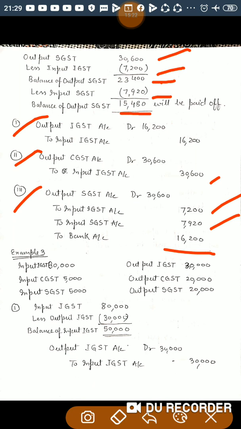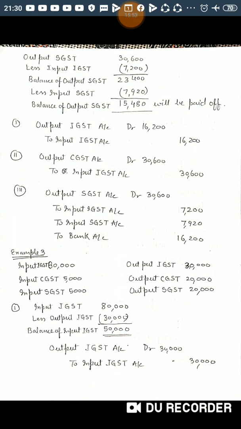This is wrong, I think: 10 minus 2 is 8, 13 minus 9 is 4, 12 minus 7. So this is not 16,200, it should be 15,480, as I have calculated. So this amount of 15,480 will be paid to bank. Now I have taken one more example.